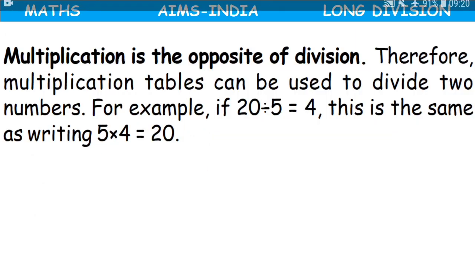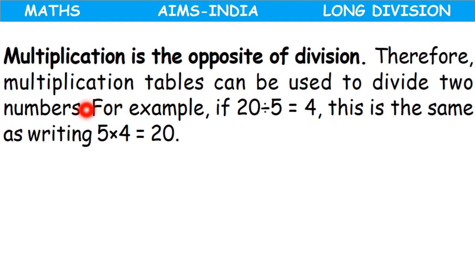Now, multiplication is the opposite of division. Therefore, multiplication tables can be used to divide two numbers. For example, 20 divided by 5 is equal to 4, this is the same as writing 5 fours are 20.